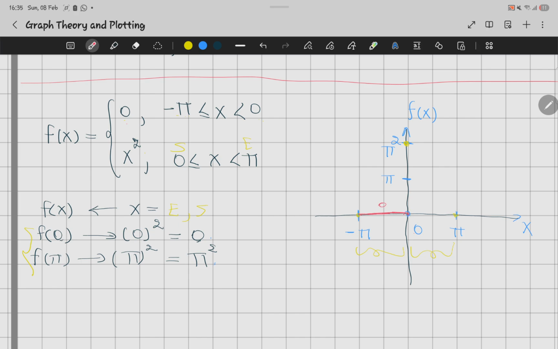That's what we're going to get. But between 0 and pi we have x squared, which is what you see here. At 0 we're going to start at 0, and we're going to end at pi squared. Pi squared is actually here. If I connect to the ending point, at this point we're going to have pi squared, and at this point we're going to have 0. This is where we're going to end.